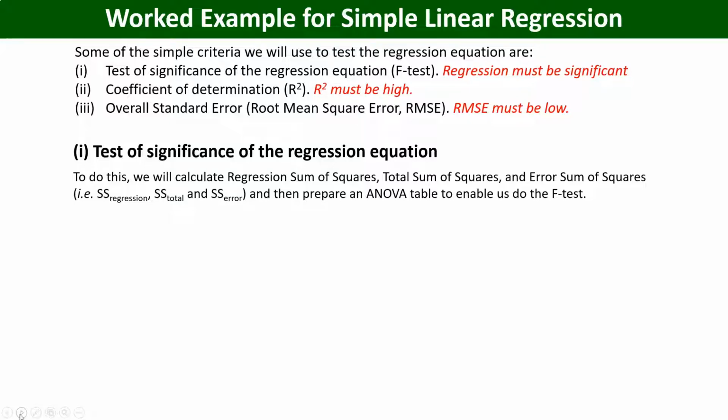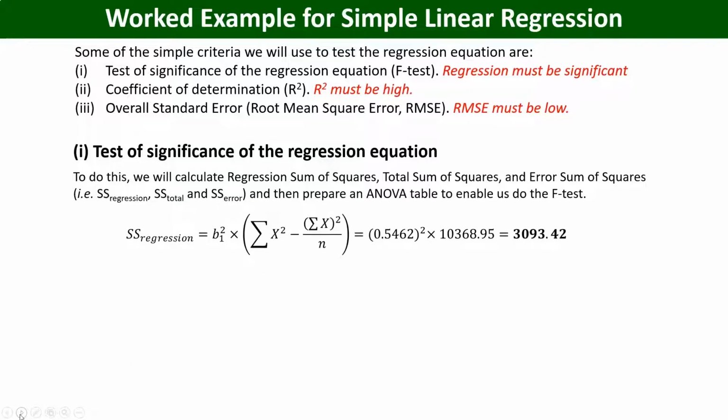So let's see how we do that. First, SS regression. The formula is right there on your screen. B1 squared times sigma x squared minus (sigma x)squared all over n. So that's the formula. And if you recall in video 1, I showed you how we obtained all these values.